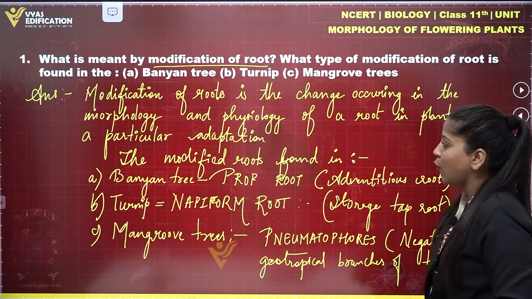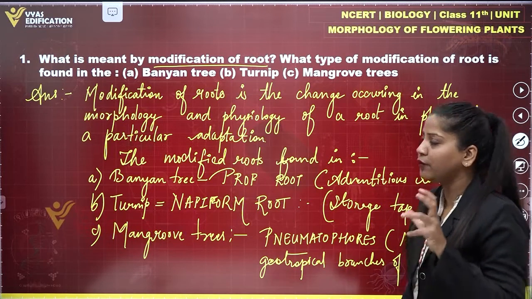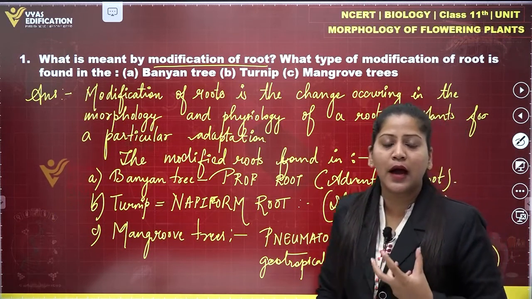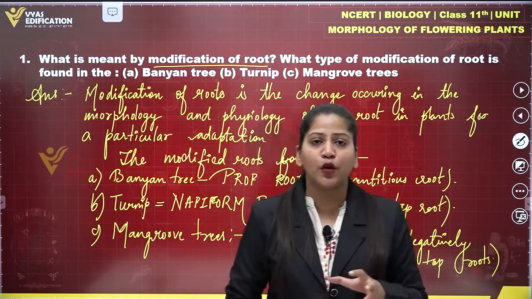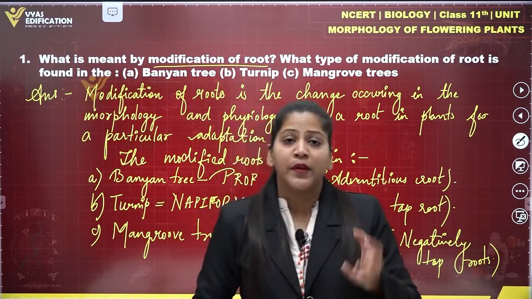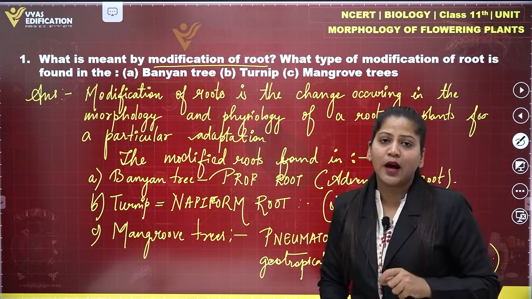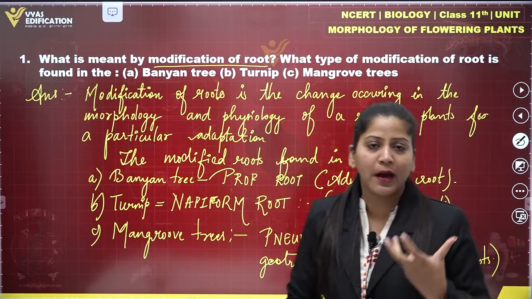All right. So we now have knowledge of what is modification of roots. These are the changes occurring in the morphology and physiology of a root in a flowering plant for a particular adaptation. And the question is asking what kind of modified roots are found in banyan trees, turnip and mangrove trees.